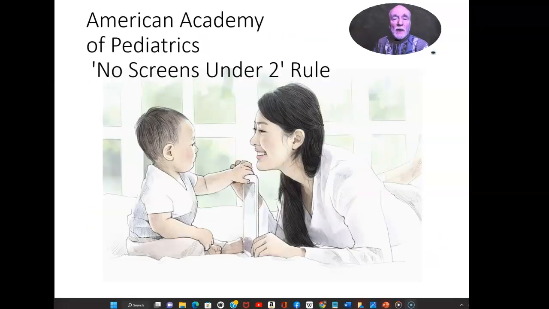One of my favorite examples is a transition from being rule-based to principles-based. In 1999, the American Academy of Pediatrics formulated guidance for parents in the form of a rule: no screens under age 2.